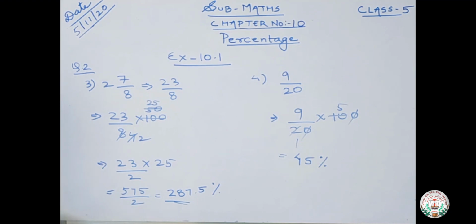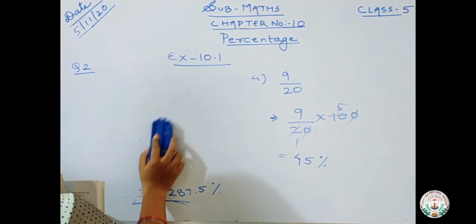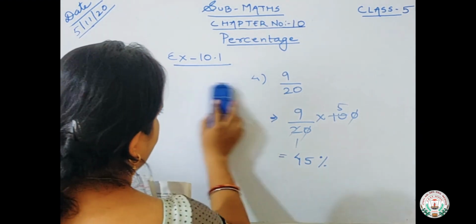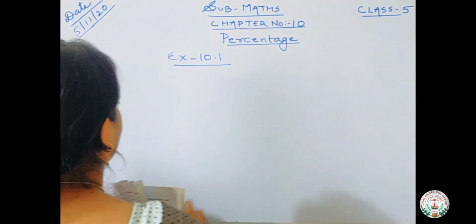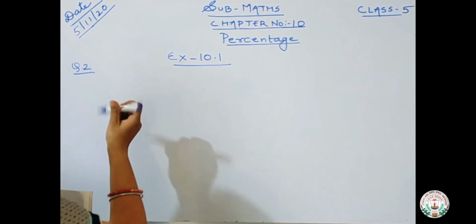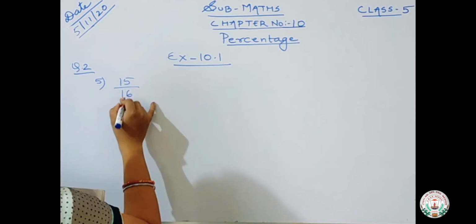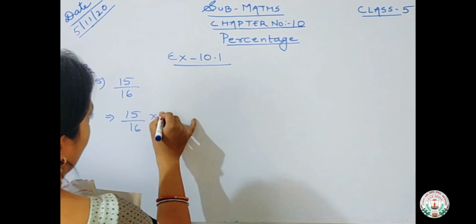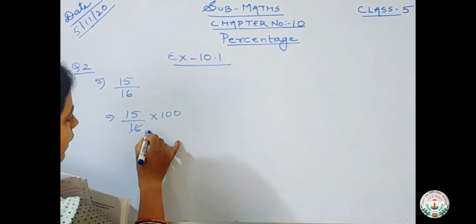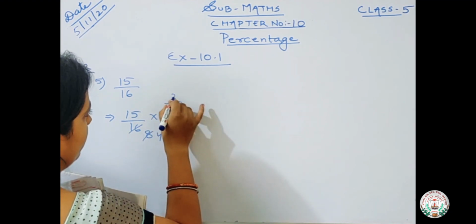Next is 15 by 16. Number 5 is 15 upon 16. 15 by 16 into 100. 2 8s are 16, 2 50s are 100, 2 4s are 8, 25 is left.